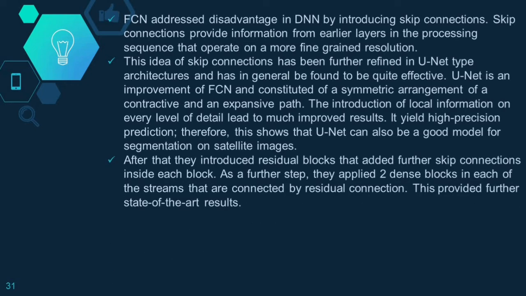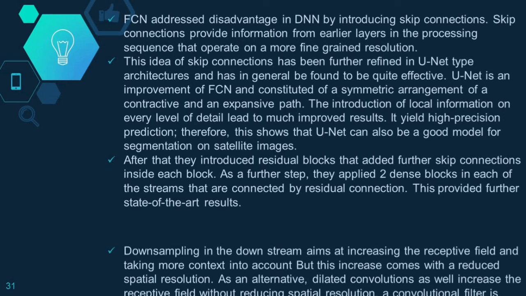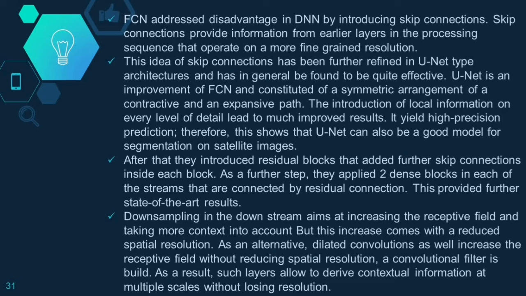After that, they introduced residual blocks that added further skip connections inside each block. As a further step, they applied two dense blocks. In each of the streams, they were connected by residual connections. This provided further state-of-the-art results. Downsampling in the downstream aims at increasing the receptive field and taking more context into account.